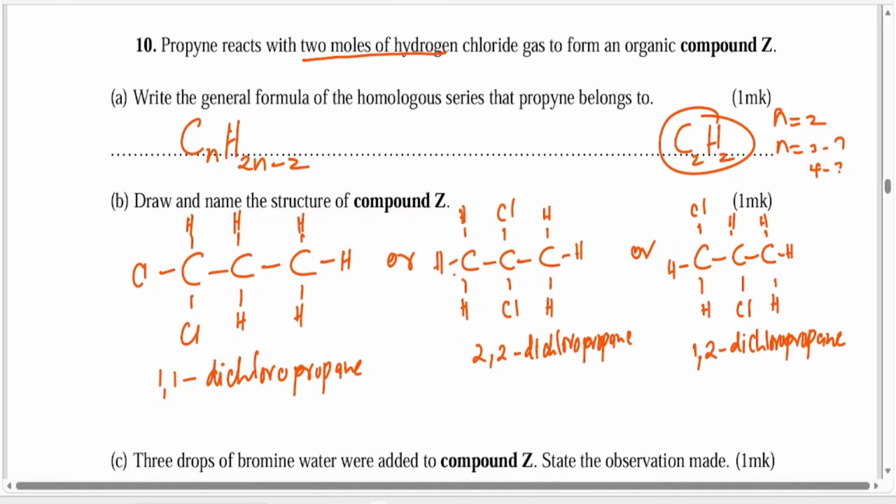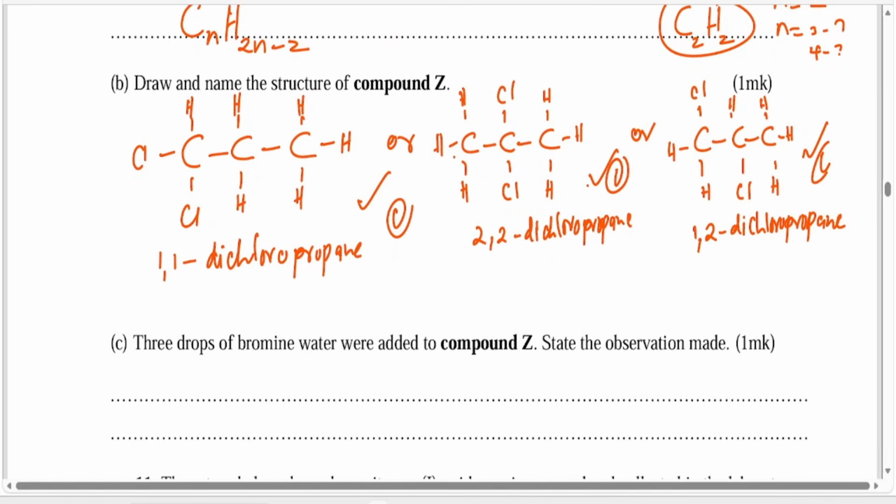Dichloropropane. So these were possible answers that could have been given. Give this one, you'll get a mark. If you give this one, you'll also get a mark. So any of these possible compounds were marked correct. So all of them were correct.